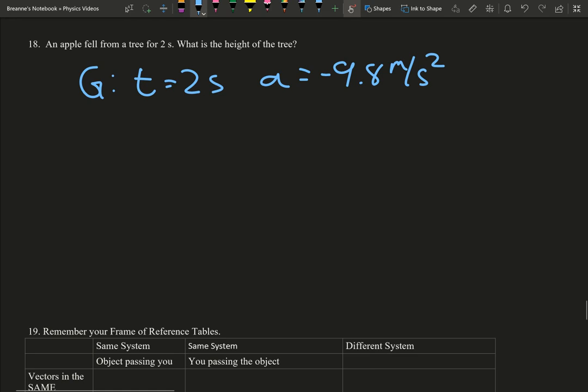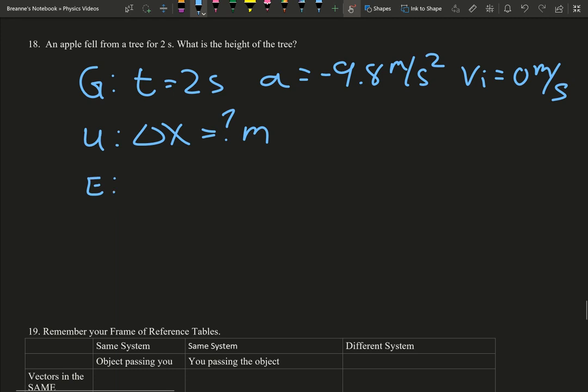So our unknown is our delta x, because we're just looking for the displacement. Our initial velocity is going to be 0, because it's just being dropped. So it's just hanging in the tree, and then it started falling. So our initial velocity is 0.